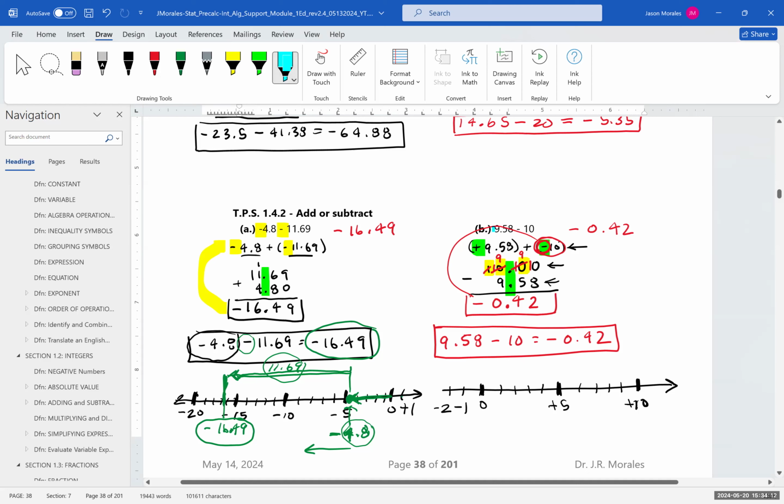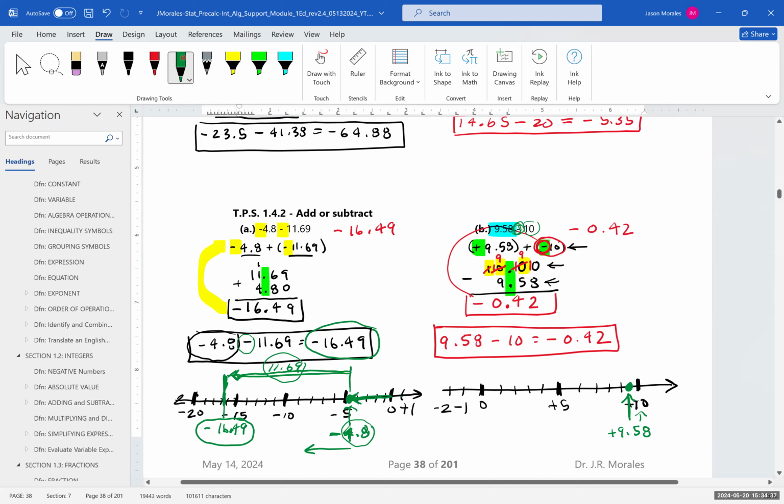So we're starting with 9.58, and that's a positive number. So here is positive 10. So positive 9.58 is going to be right about here. And now we're subtracting 10.